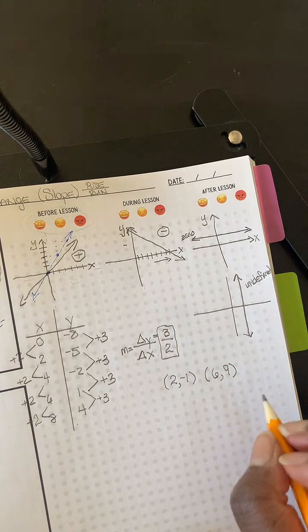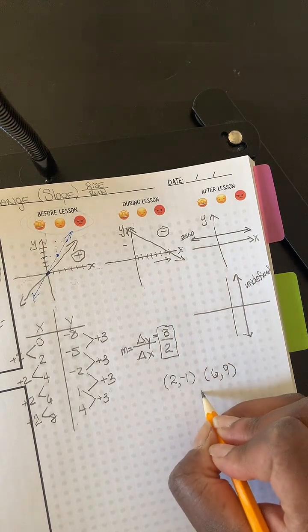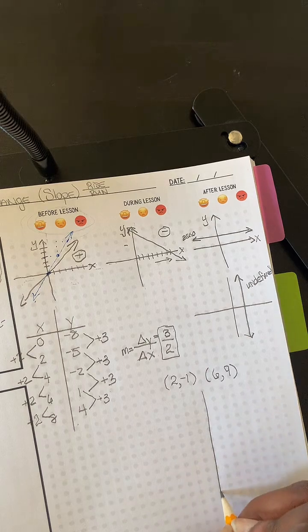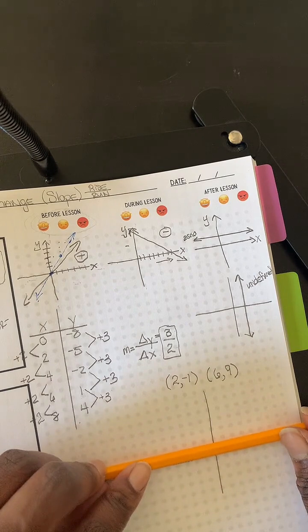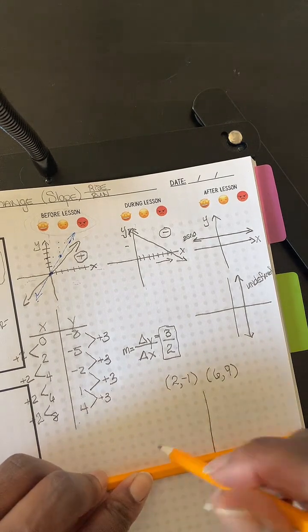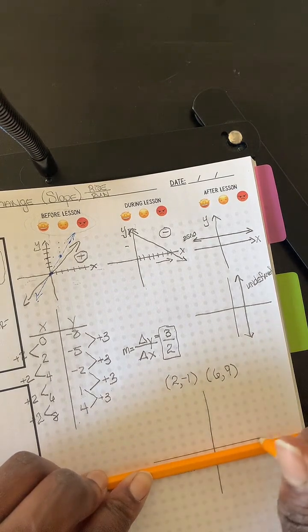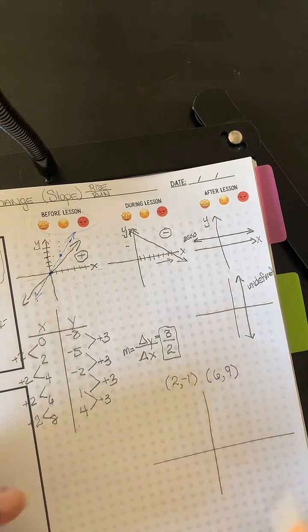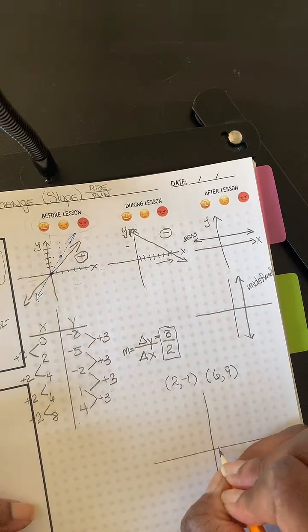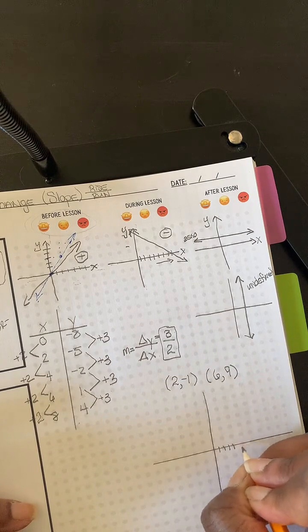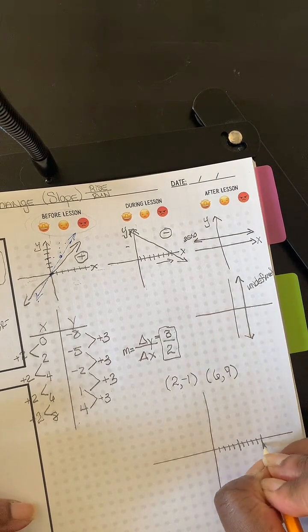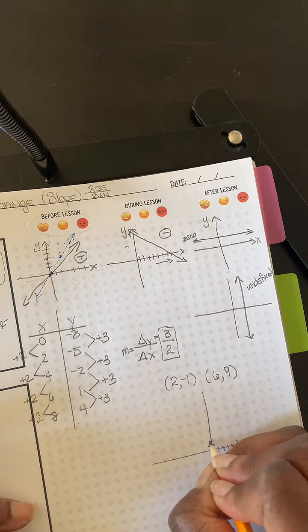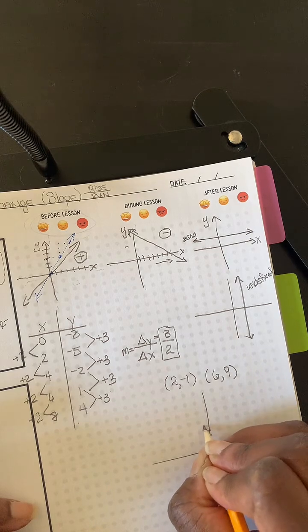So if I may, I'm going to use my handy dandy. Let's see if I can make this somewhat legit. Let's go to here. So I'm going to go in between. So that's 1, 2, 3, 4, 5, 6, 7, 8, 9, 10. And that'll be 1, 2, 3, 4, 5.